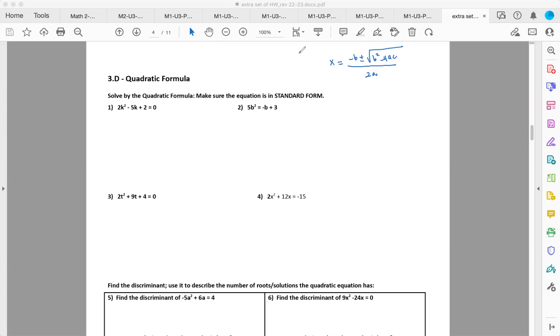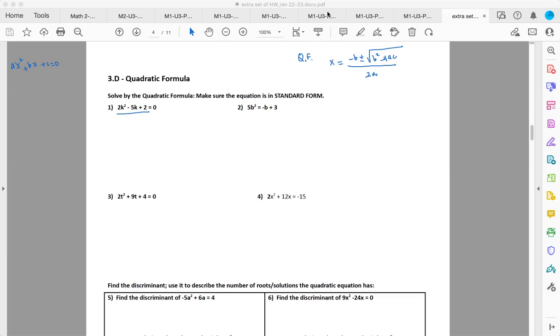Now this is the quadratic formula, right? What the quadratic formula does is help you solve the quadratic equation. Remember, this is the quadratic equation: ax squared plus bx plus c. The quadratic formula helps you solve for that, okay?